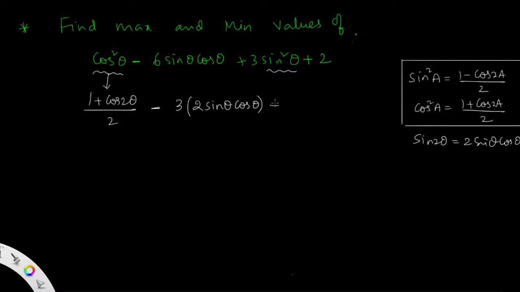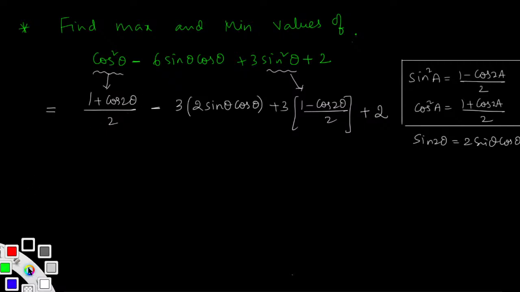Plus 3 sin square theta can be written as 1 minus cos 2 theta divided by 2, and then plus 2 is there. Since a constant is there, the problem goes to type 3. Now convert by taking the LCM or simplification.